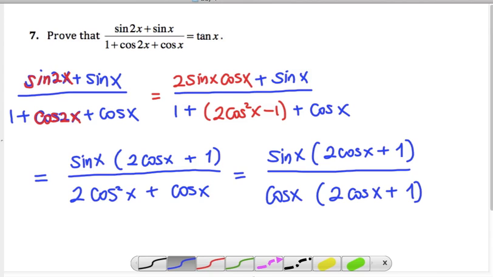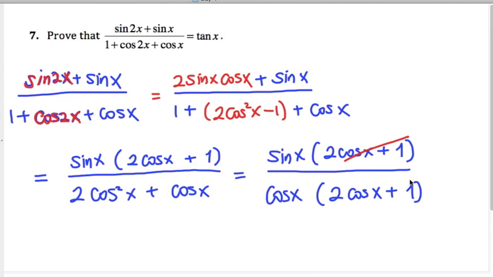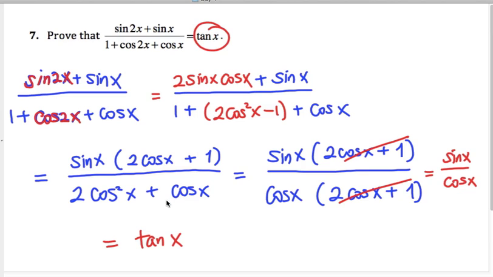What do you see? Everything in the bracket is the same, so they simplify to 1. All I have left is sine x over cosine x, which is equal to tan x, which is what we're trying to show. Alright, that was day 4. Try the homework assignments, and if you have any questions, let me know.